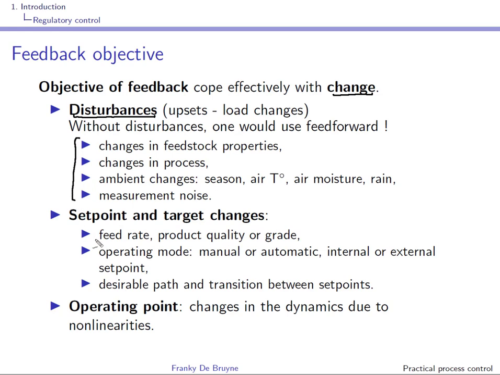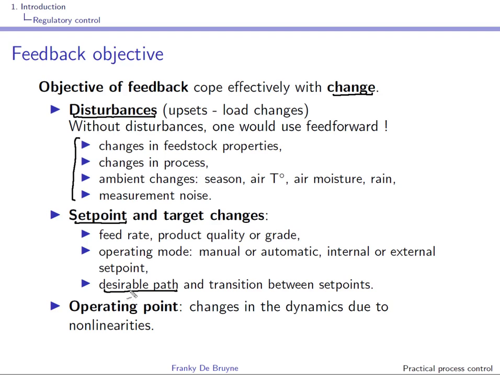A second source of change is a set point change, and this is of course initiated by the operator, or we can have a transition between set points, and then we speak of a tracking of a desirable path.